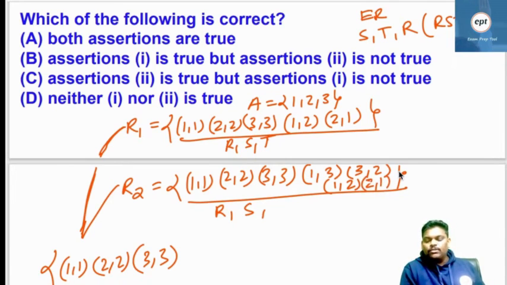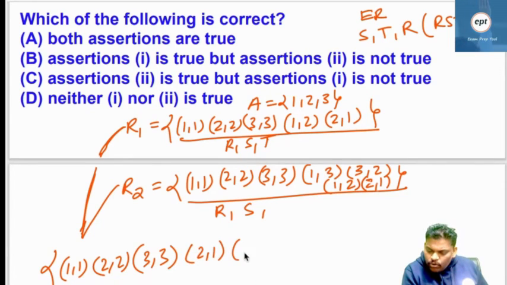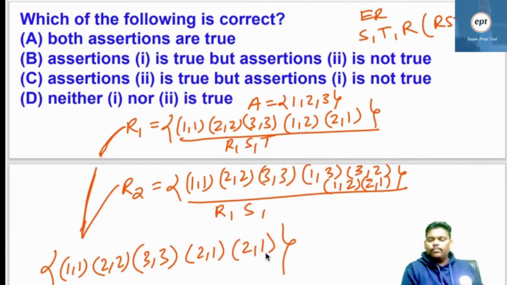Transitive, right? Symmetric also. 1, 3 reverse 3, 1. 1, 3, 3, 2. So 1, 2 transitive. So 1, 2 reverse is 2, 1. Now if you do the intersection, all common pairs came and 1, 2, 2, 1 also came.